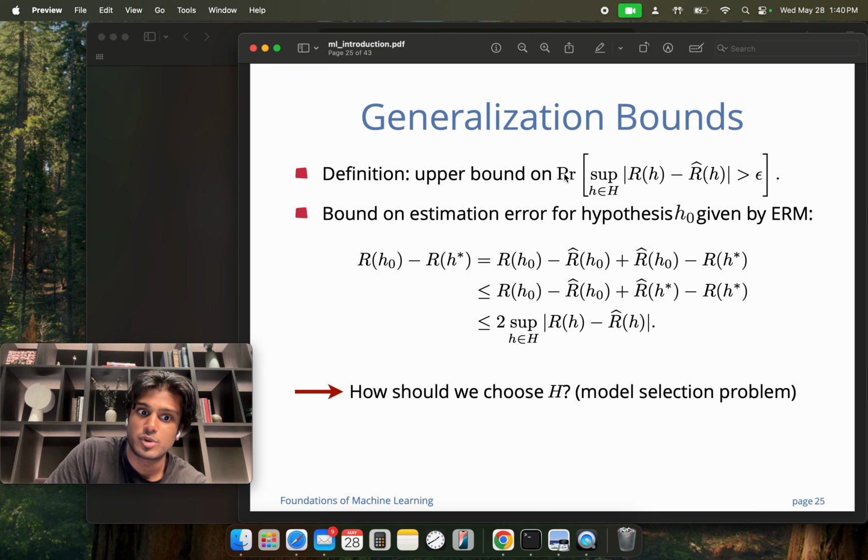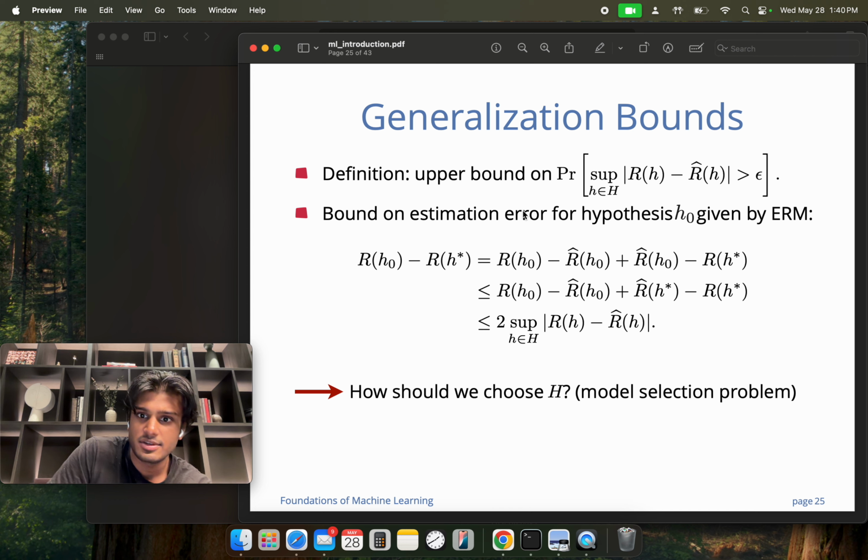I want to bound the probability that the gap between the true risk and the empirical risk goes higher than 0.0001. If I can bound that probability by a small number, then with very high probability, the true risk and the empirical risk are close to each other. That's the essential idea.